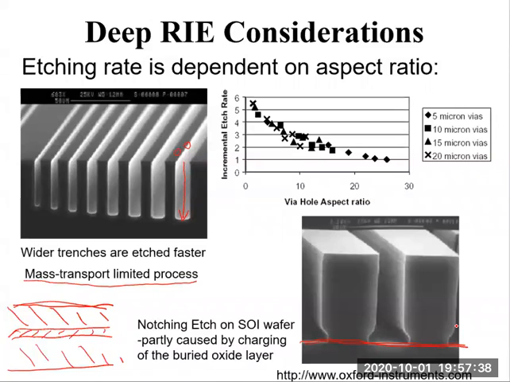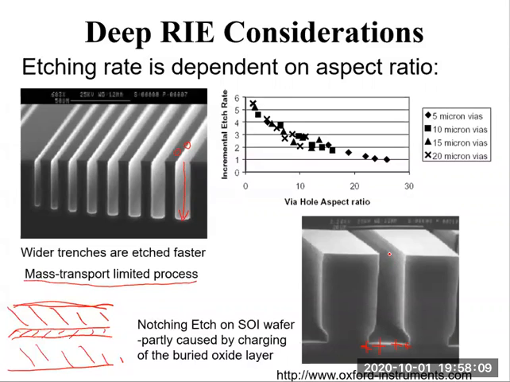This is partly caused by charging of the buried oxide layer. This buried oxide layer is positively charged, because it is an insulator, so charge will accumulate on this oxide layer. And this pushes the ions into the corner.